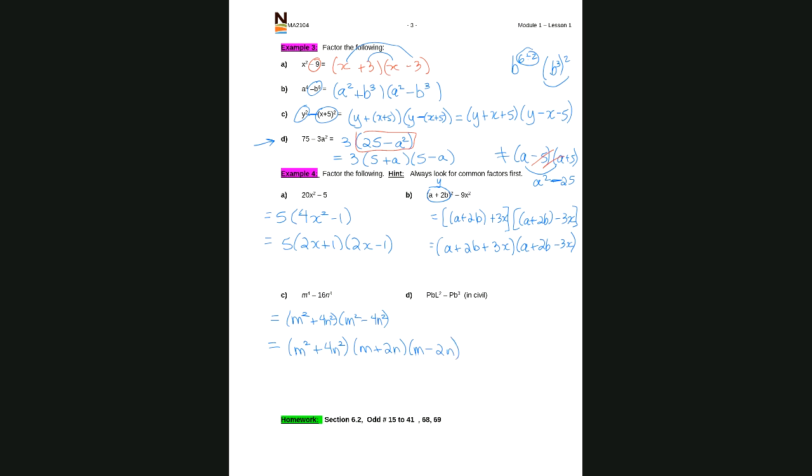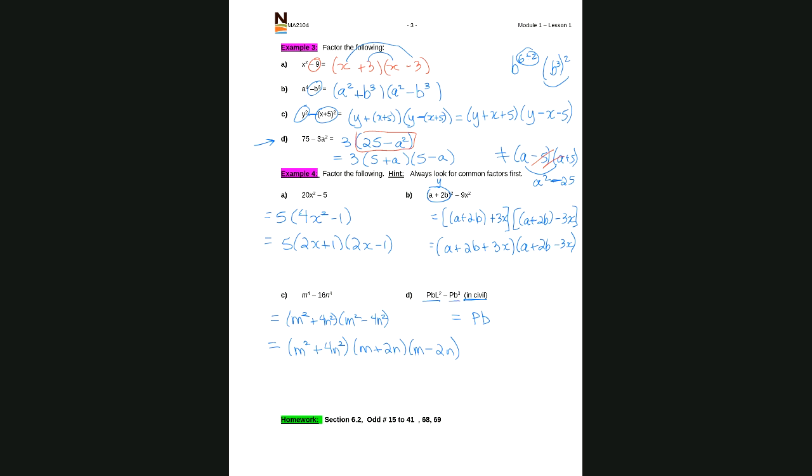For D, this is just a reference here, because for those who are in civil, we'll see this again in beam deflection. Here we have a common factor of P and B. Now PB is two separate quantities here. It's not the same. So it's P times B times L squared, and here P times B cubed.